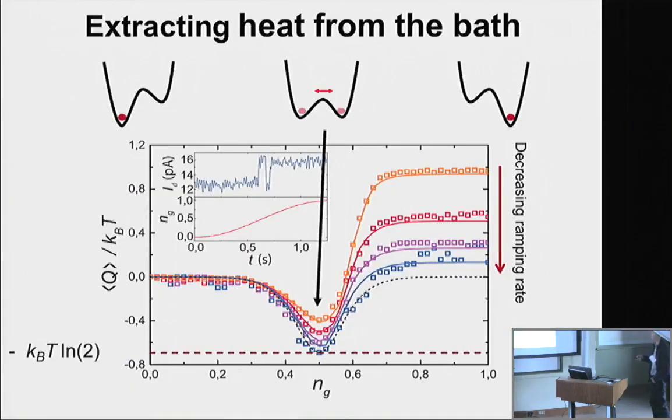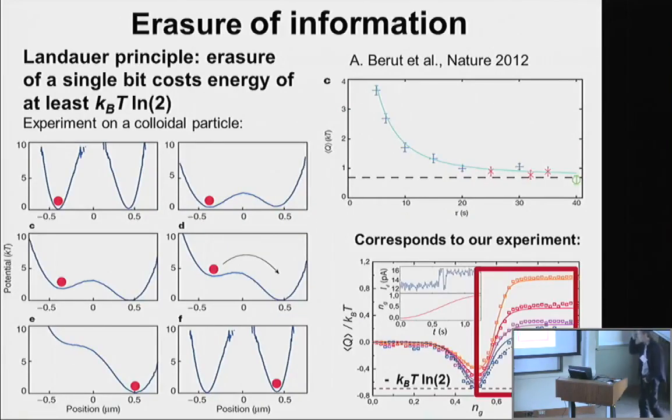So this part of this deterministic protocol, especially this right-hand side here, is quite well related to what is known as the Landauer principle. So you can erase a single bit, and this costs you energy of kBT logarithm of 2 at the minimum.